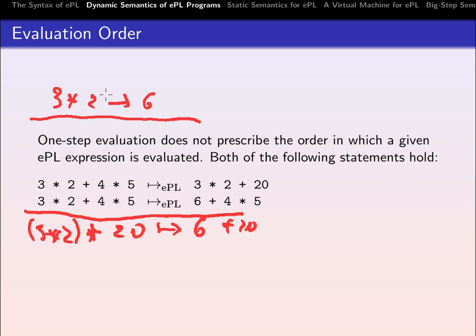How do I know this one? It's because 3 times 2 contracts to 6. And this is by the definition of star. I don't have any other thing to rely my reasoning on but the definition of multiplication. Does that make sense? Cool.